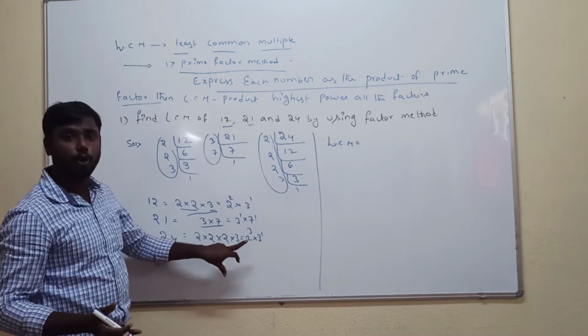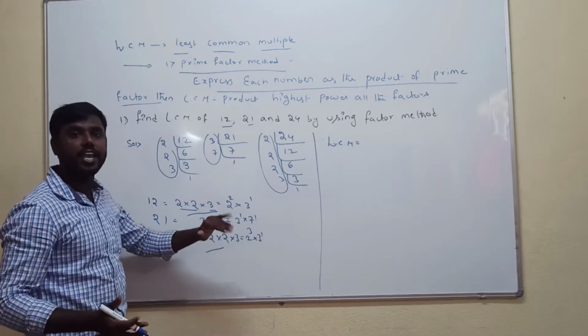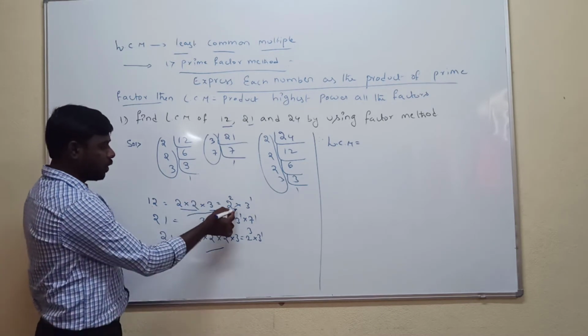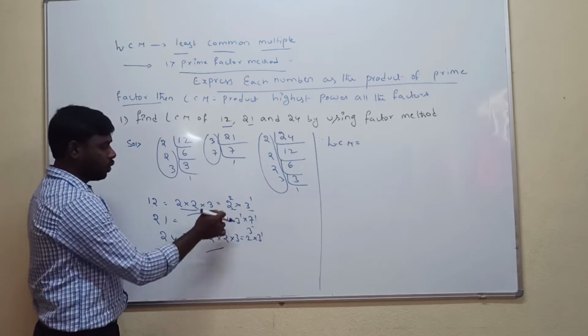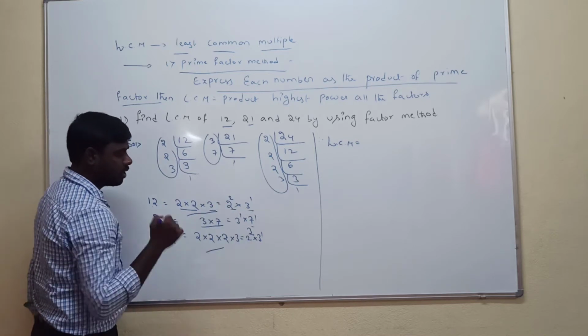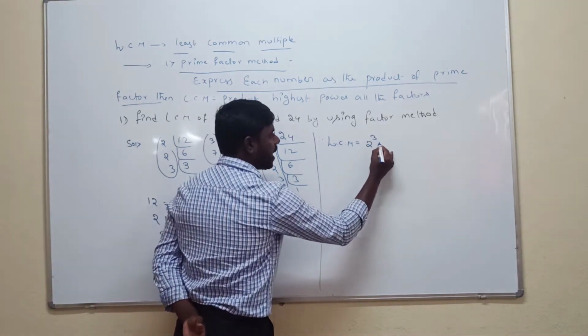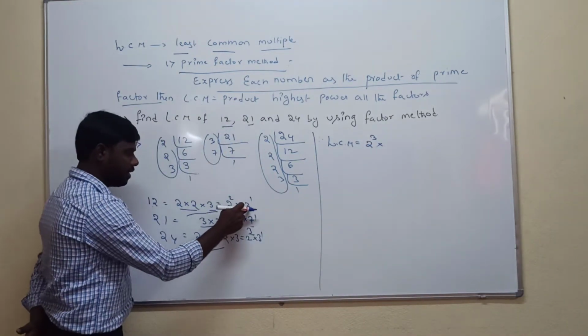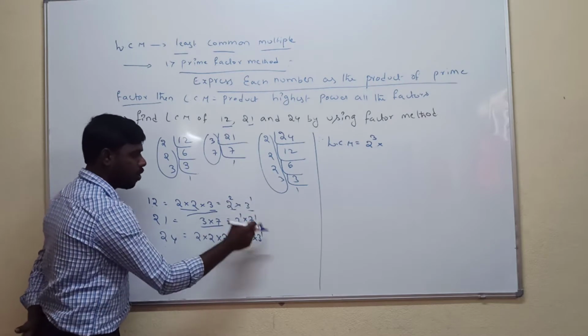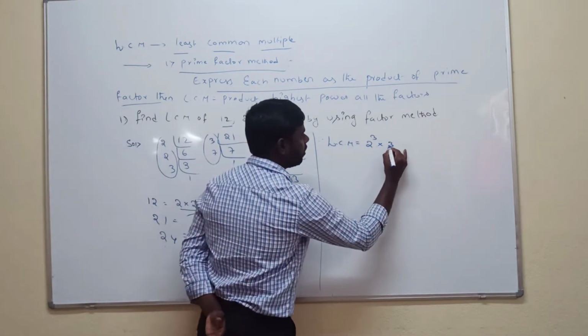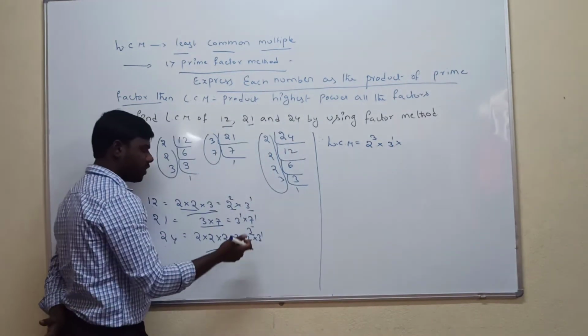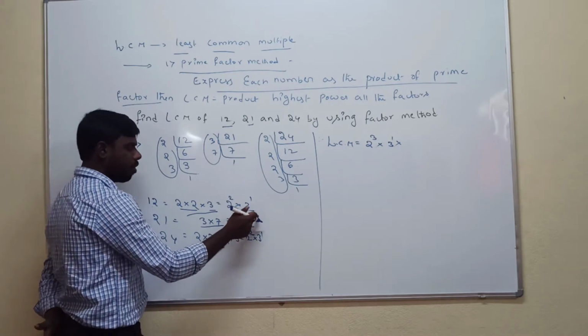We take the product of each element's highest power. Only 2, 3 and 7 are present. For 2, the highest power is 3. For 3, the highest power is 1, so 3 power 1. The next number present here is 7. What is its highest power?